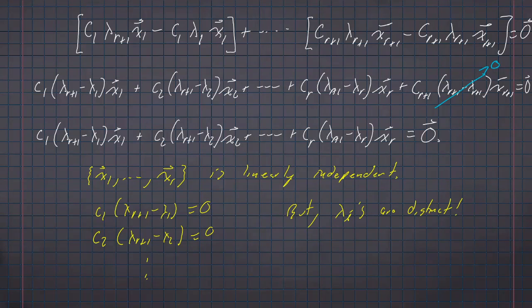But all of the eigenvalues, the lambda i's, are distinct. And lambda i being distinct means that lambda r plus 1 minus lambda i is not 0.